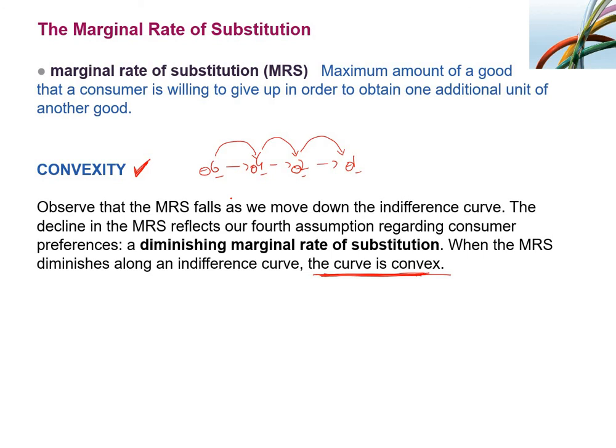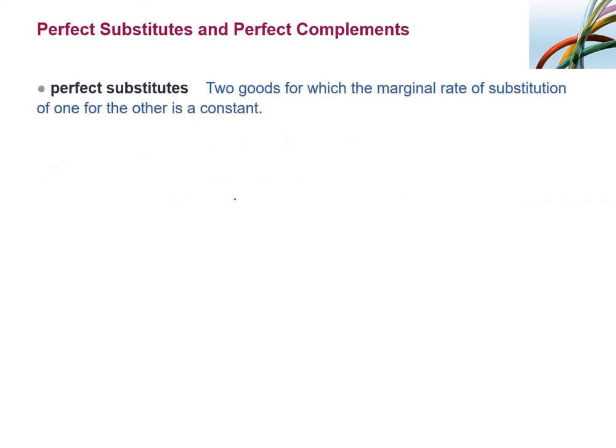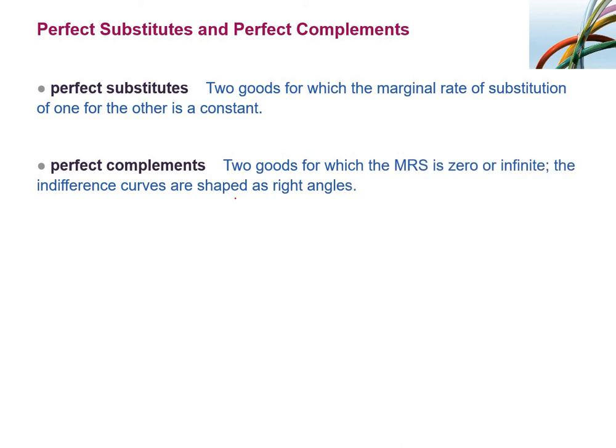Okay, so these are some of the concepts relevant to the indifference curve. Now there is another concept of perfect substitutes and perfect complements, in which we are now talking about the marginal rate of substitution. So two goods for which the marginal rate of substitution of one for the other is constant. Okay, when MRS is constant, then consider that it is a case of perfect substitutes.